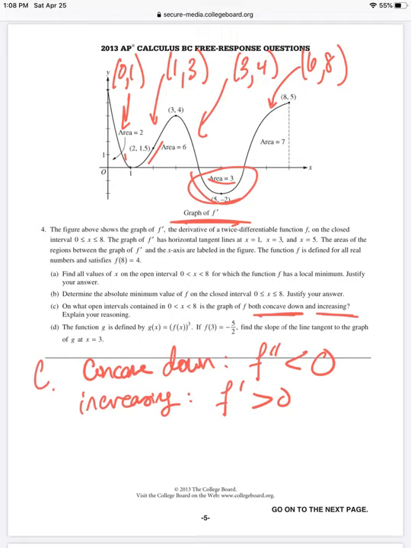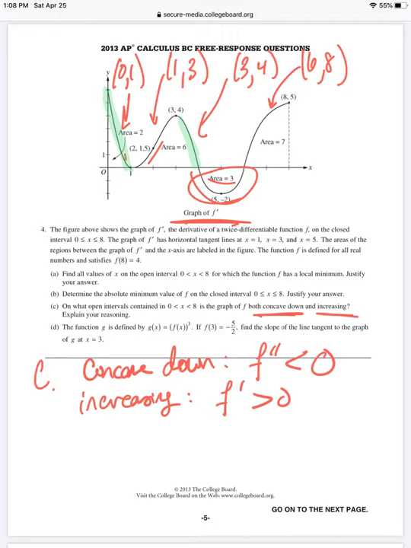So from 0 to 1, look, the line is going down, so that means my slope is negative. That means the original graph would be concave down. From 1 to 3, my graph is going up, so that means it's concave up. From 3 to 4, this part here, it is going down, so that means it's concave down.